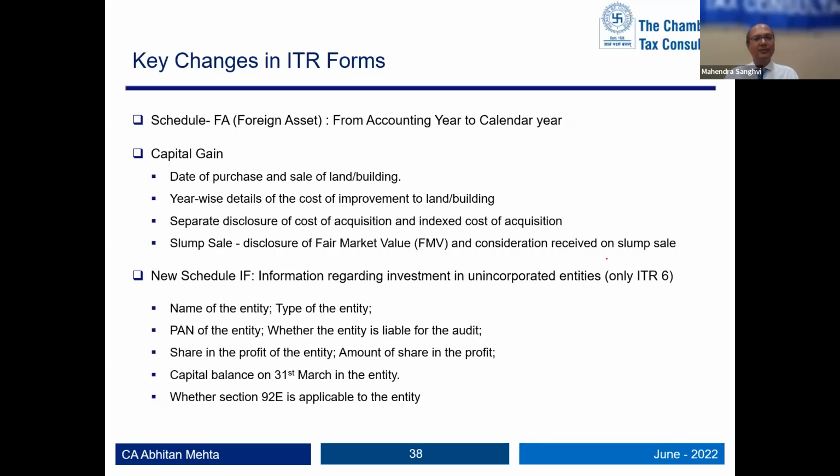Then the PAN of the entity, whether the entity is liable for audit, share of profit in the entity, amount of share of profit, capital balance, and whether 92E applies or not. So all these are extensive details which they want to capture in the ITR of the company itself, where it has an investment in an unincorporated entity.